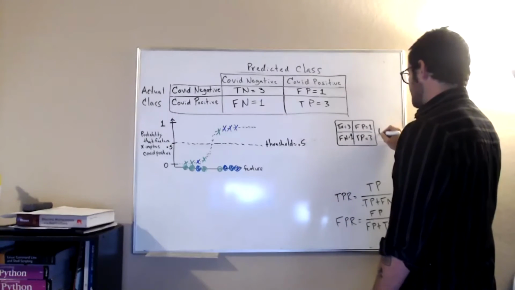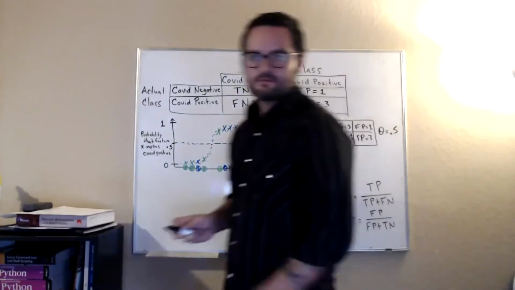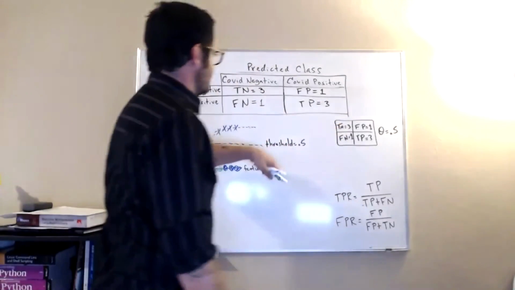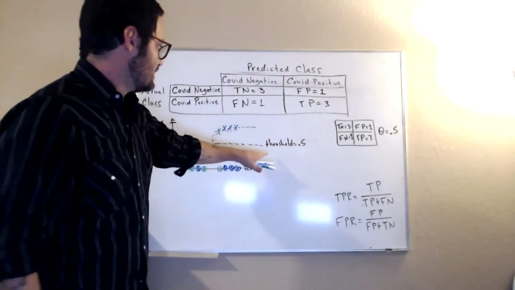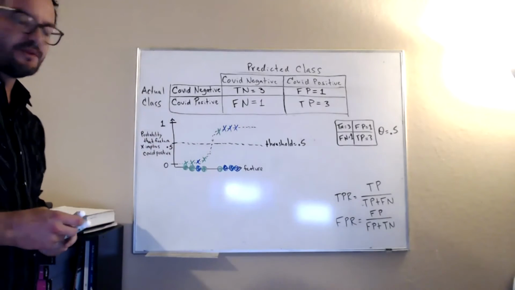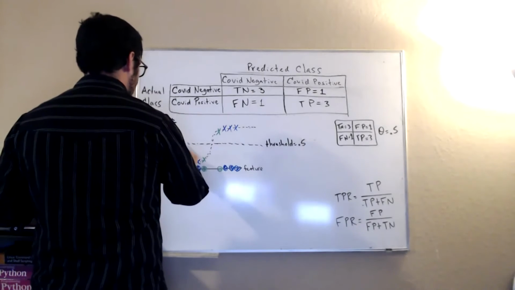And this is for a threshold of, say, 0.5. So that's the corresponding confusion matrix if we chose our threshold to be 0.5 for this logistic curve that we fit to the data.